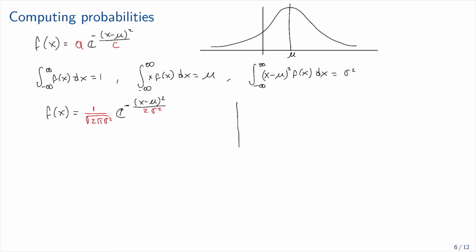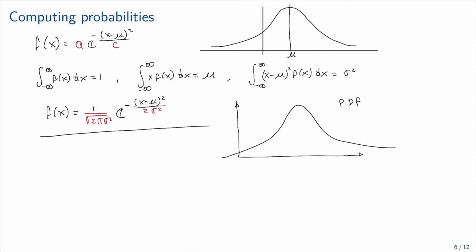That's the usual way that we do with a probability density function. So we have our PDF, and we have that the probability of x being less than a given value a is equal to the integral from minus infinity to a of f(x) dx.